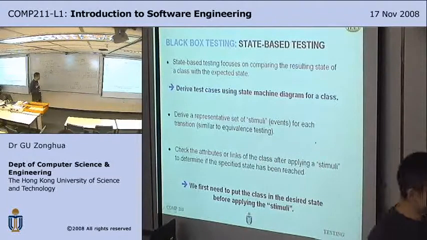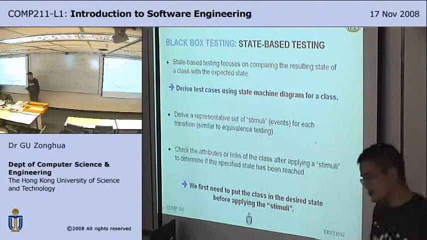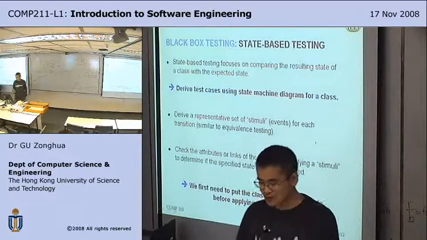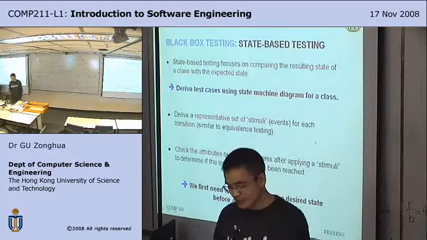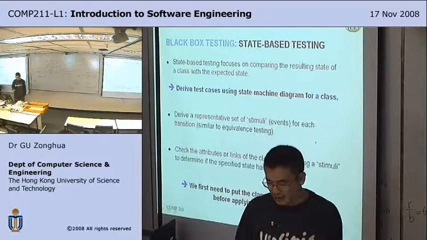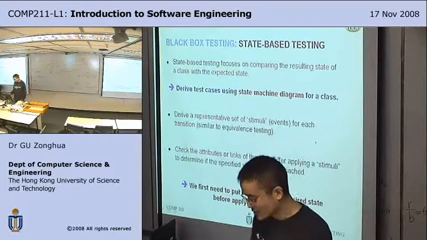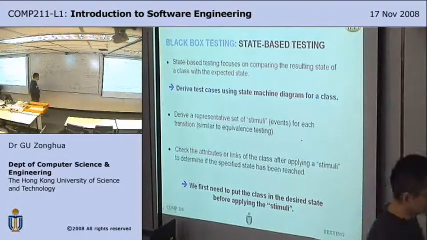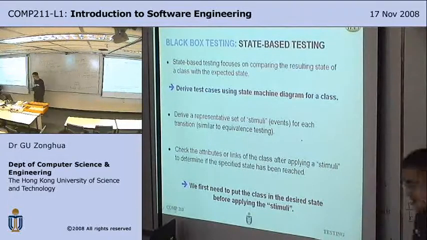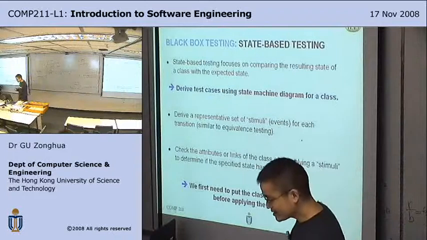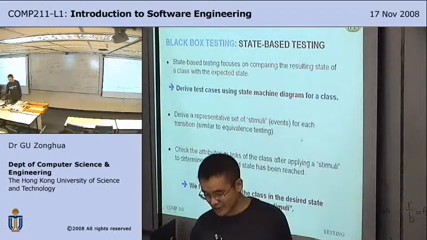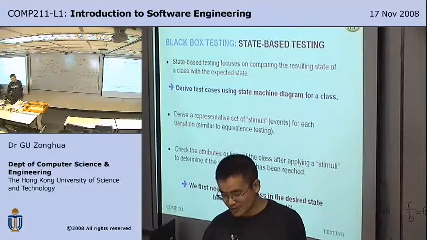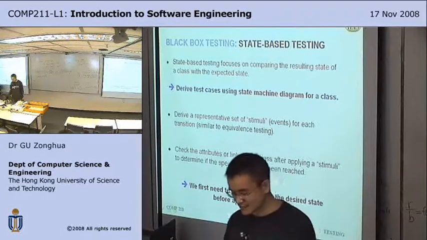For example, for a bank account object, you're in the in-balance state if your balance attribute is greater than 0, and you're in the not-in-balance state if it's less than 0. And if a rental copy has a link to a customer, then it's in the not-available, rented state. Otherwise, it's in the available state. So by checking the attributes and links, you can determine which state the object is in.